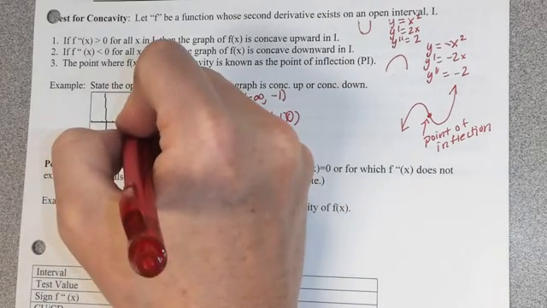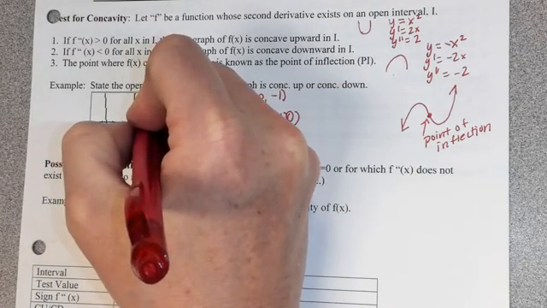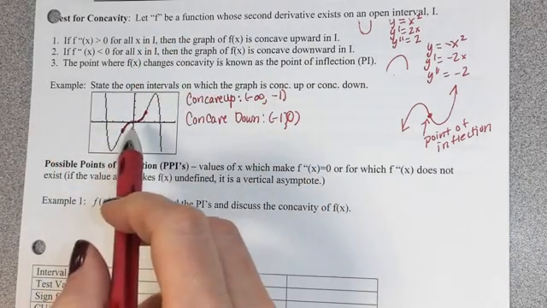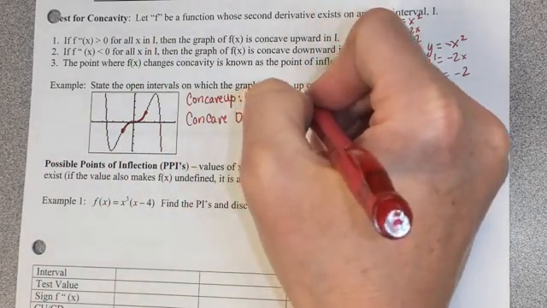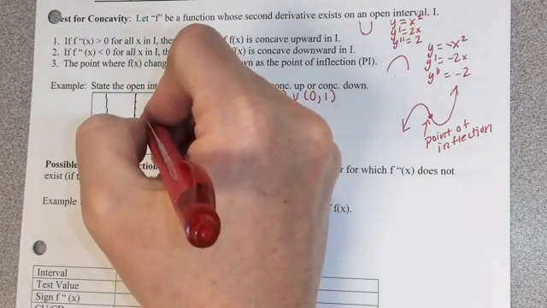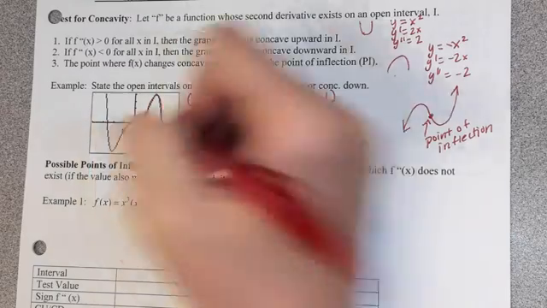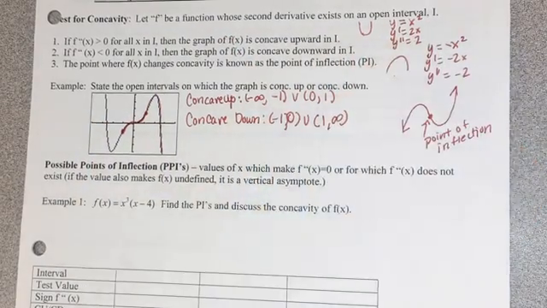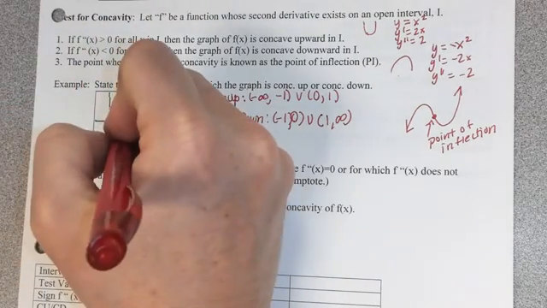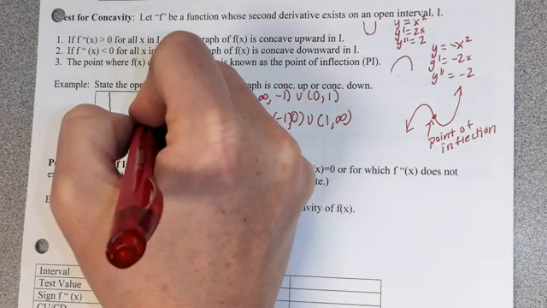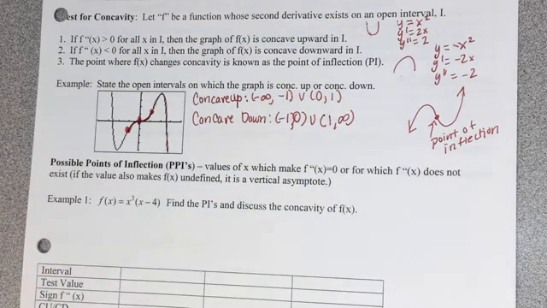Right here in this little section, what do you think that concavity is? Concave up again, and that is from 0 to 1. And then here it switches again. So right in there, it's going to be concave down from 1 to infinity. So this point right here, that point right there, and that point right there are all points of inflection.